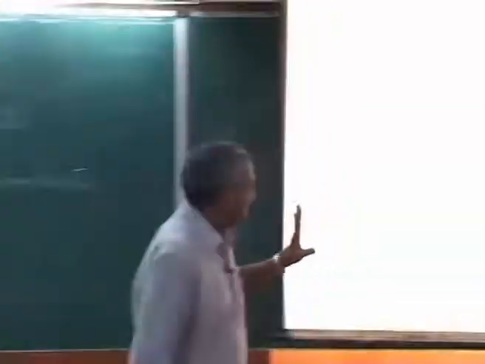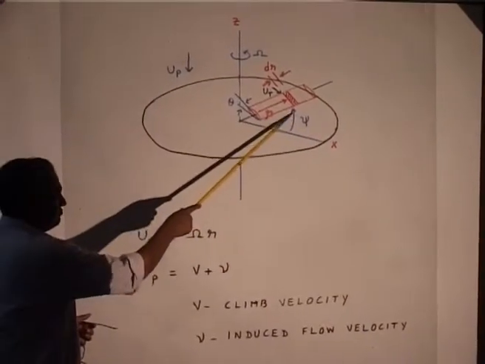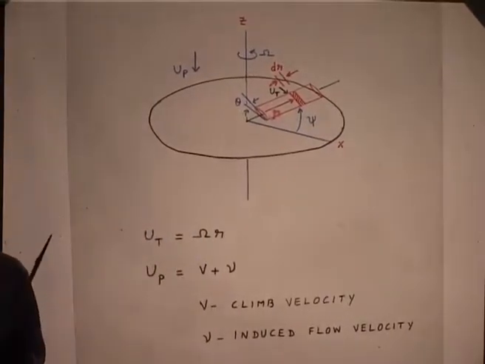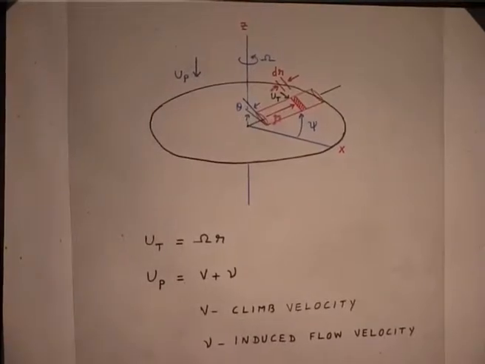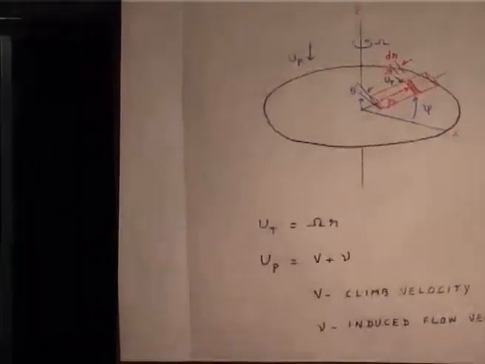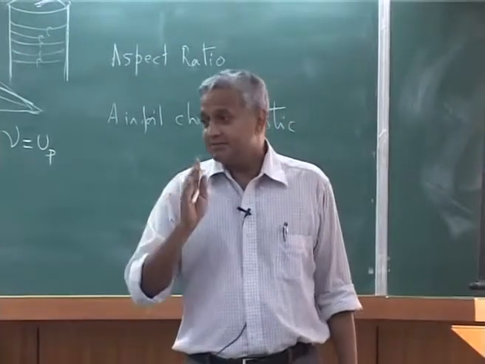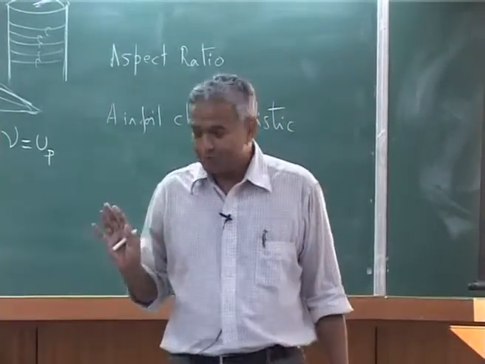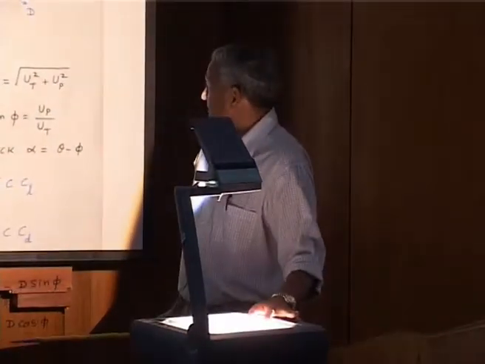Now, I define some psi just to denote the azimuth location. This is for one blade, if I have n number of blades, I will use all the blades. Now, I got sectional lift and drag. Please note, this is a very simple model, and this is what I have shown here.